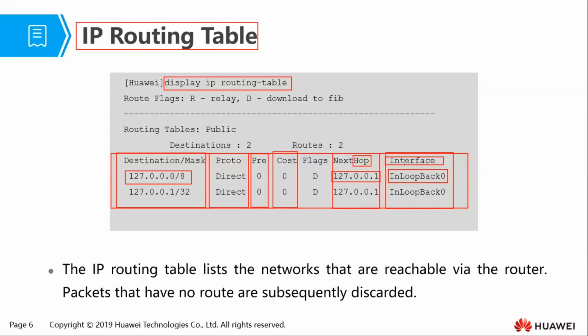And indeed, you can see here that the outward interface, if we want to go to this network, is actually loopback 0. This is simply a virtual interface that we've created within this router. One of the protocols is what we call the direct route. A direct route is a route that is directly connected to that router, and it usually has a preference value of 0. So I hope that is clear.